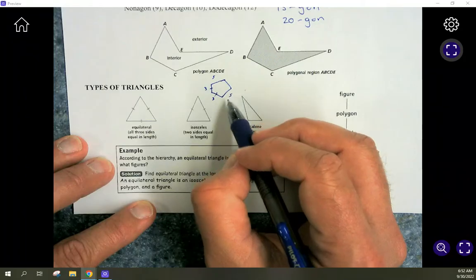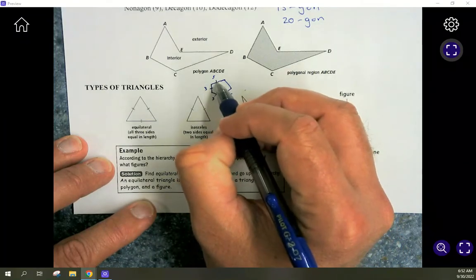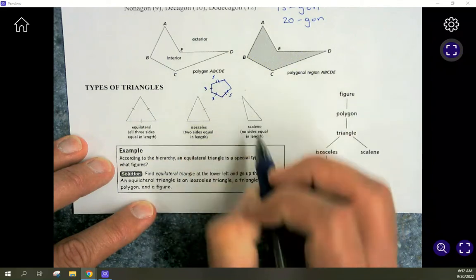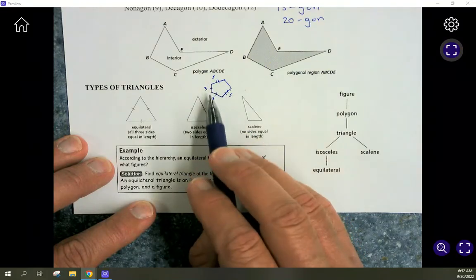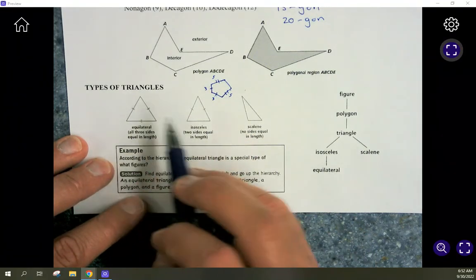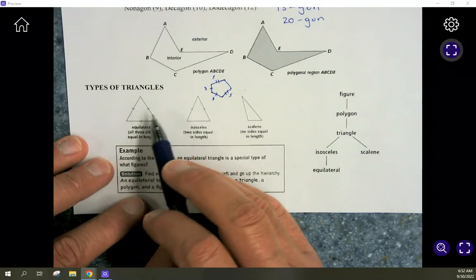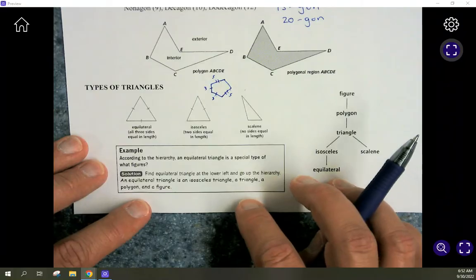So I need to show, if I didn't have the numbers, that these are equal to each other, but not equal to these. So I have to use a different marking. So you'll see it like that. Two lines showing you that these are equal, one showing that these are equal. So the fact here that they all have two, they all could have had one, they all could have had four little lines. But equilateral means all three sides are equal to each other.